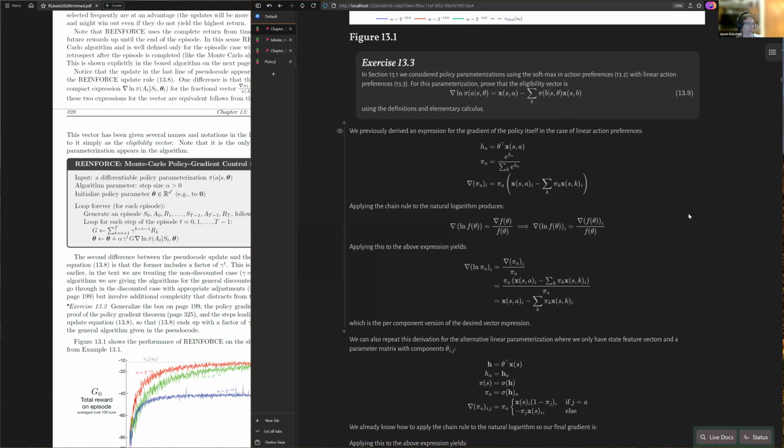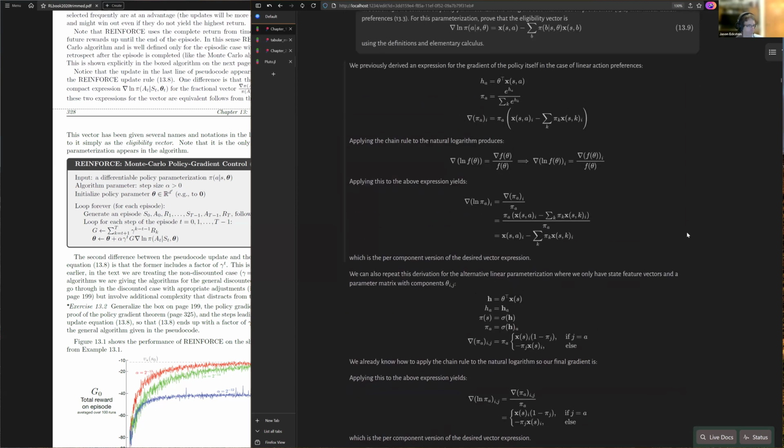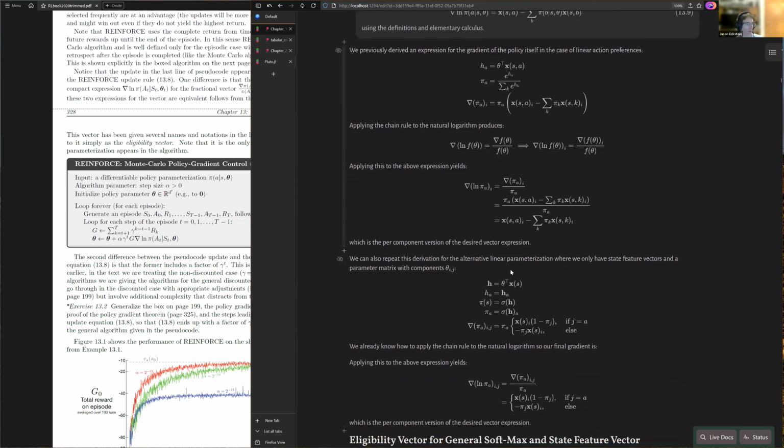And similarly, you can apply the same thing to this alternative form of the parameters, where now we have x just of s, just the state feature vector. And this is the expression that we derived with now two indices for rows and columns of the gradient, where now there's a difference between the column that corresponds to the action we care about and the other columns.